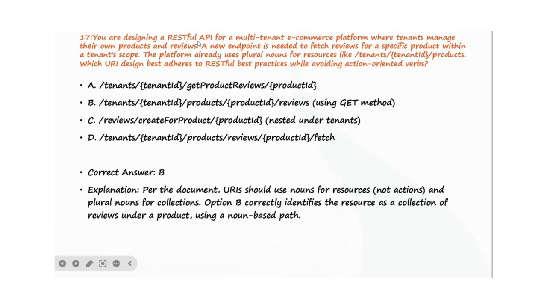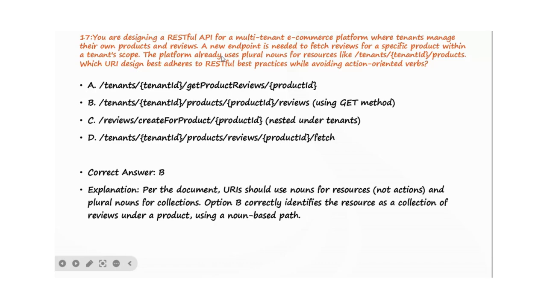You are designing a RESTful API for a multi-tenant e-commerce platform where the tenants manage their own products and reviews. A new endpoint is needed to fetch reviews for a specific product within a tenant's scope.